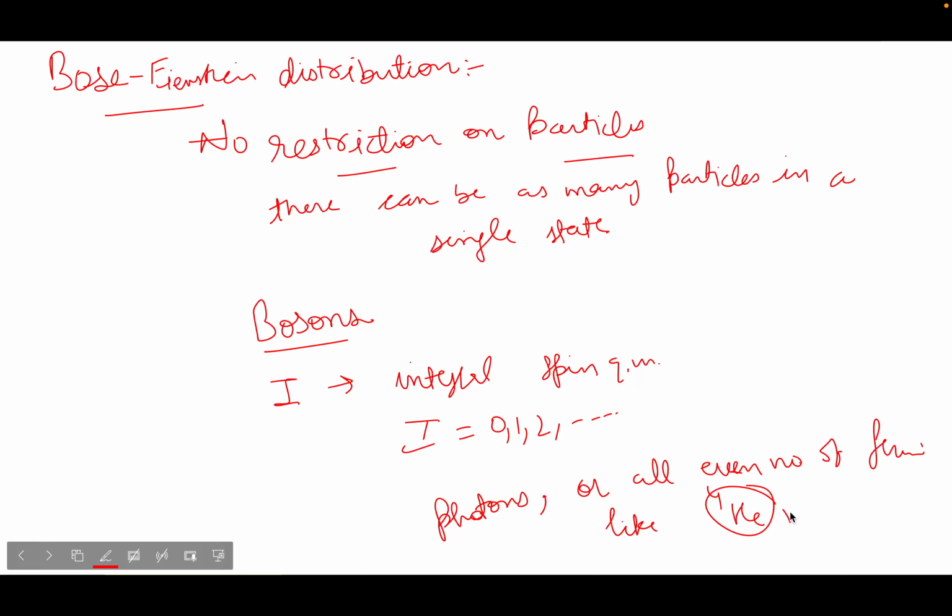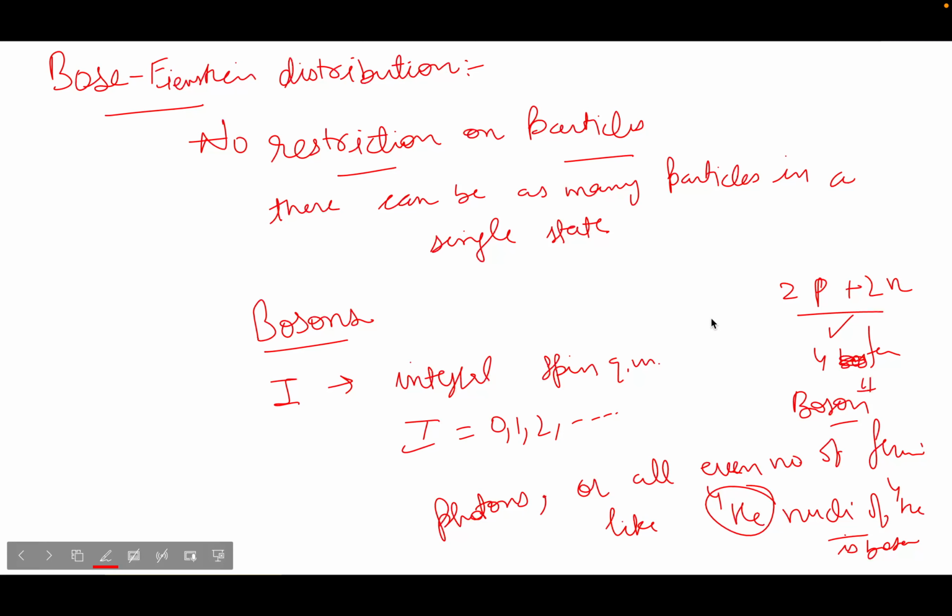The nucleus of helium-4 is a boson, because it has 2 protons and 2 neutrons in the nucleus, so there are 4 fermions. This implies it is a boson. So the nucleus of helium-4 is a boson.